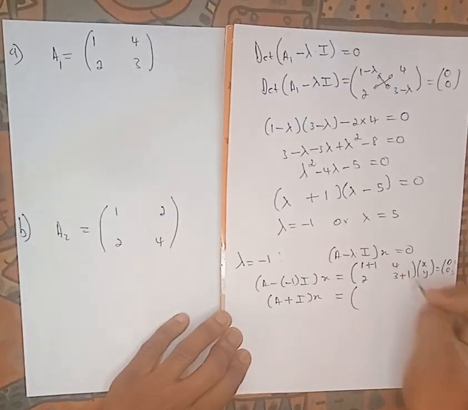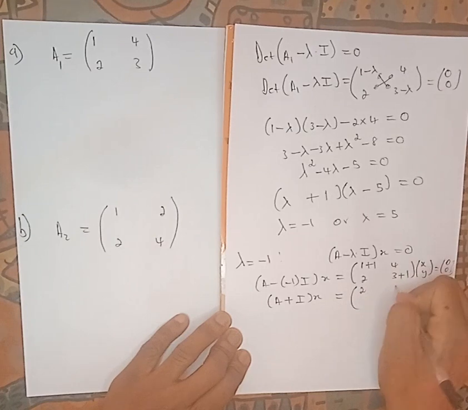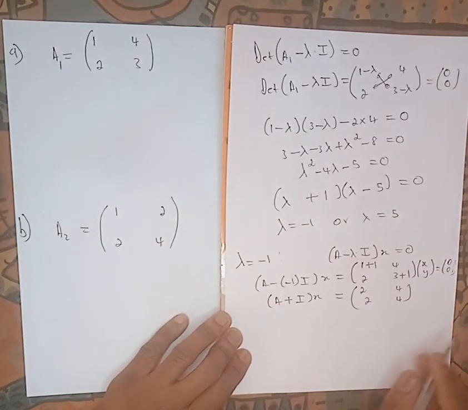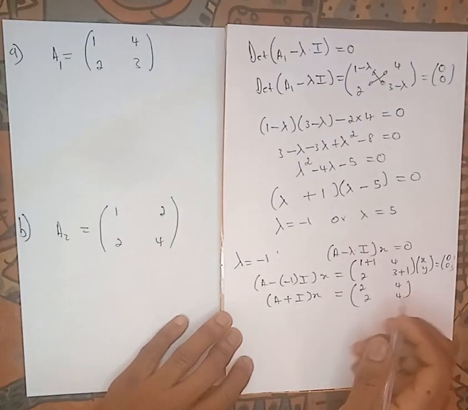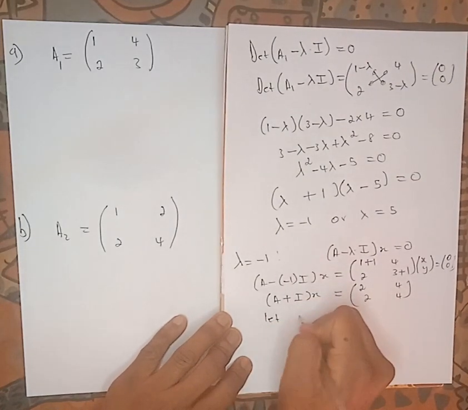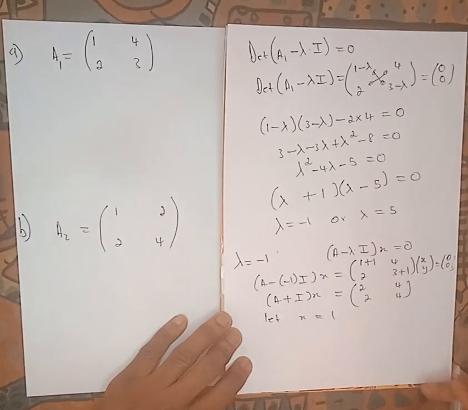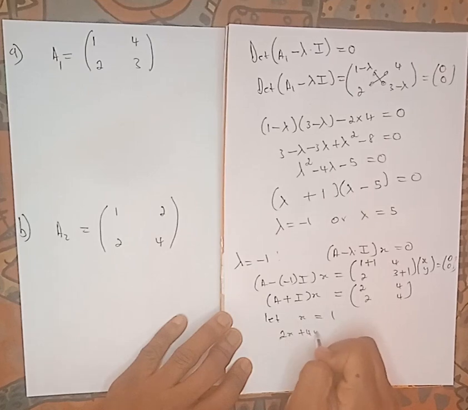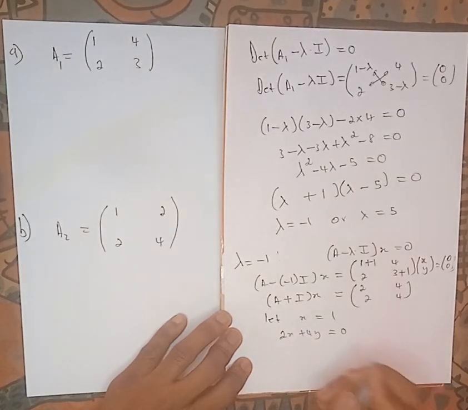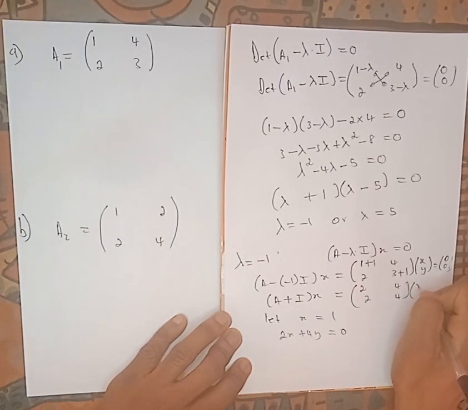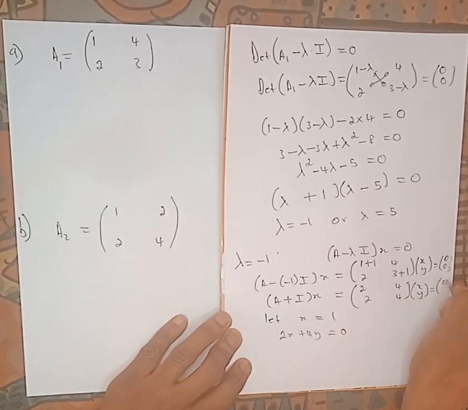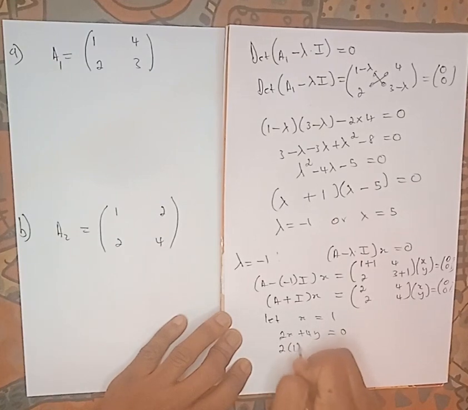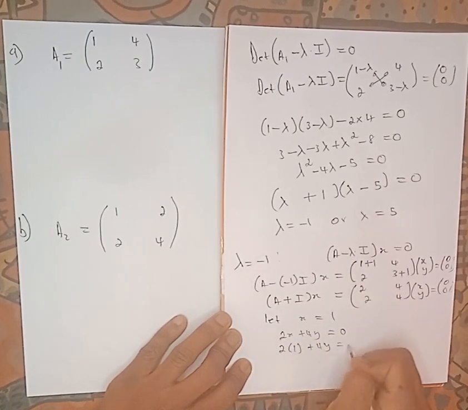So doing this will be 2, 4, 2, and 4 again. So we are going to let x be 1. And according to this, we are going to have 2x plus 4y, which is 0. So if I substitute by 1 here, plus 4y equals 0.